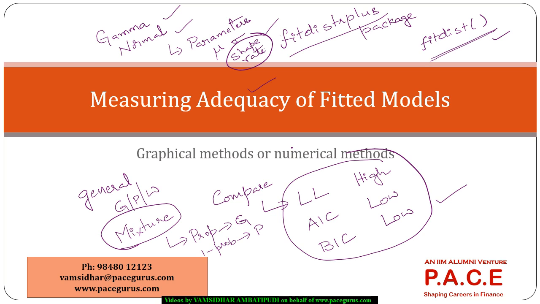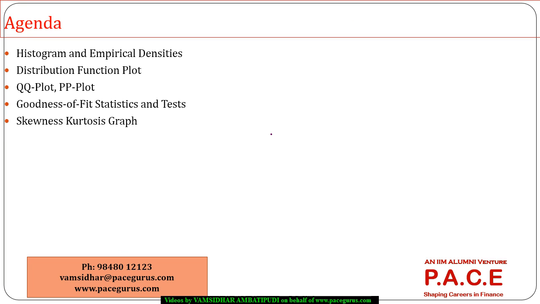What is the adequacy of the model that we have chosen for this data set? There are different kinds of mechanisms that we have. We can try out different ways in which we have fitted the data, and then try out which one is more adequate for our data. So let's go ahead with it.